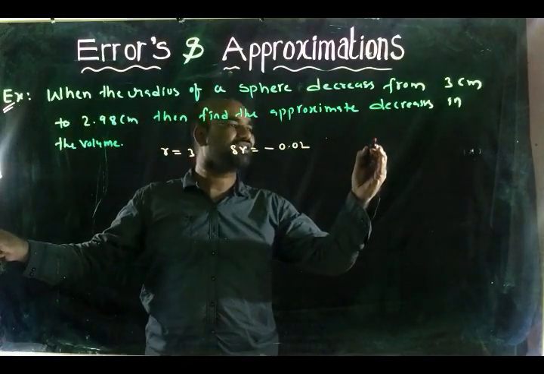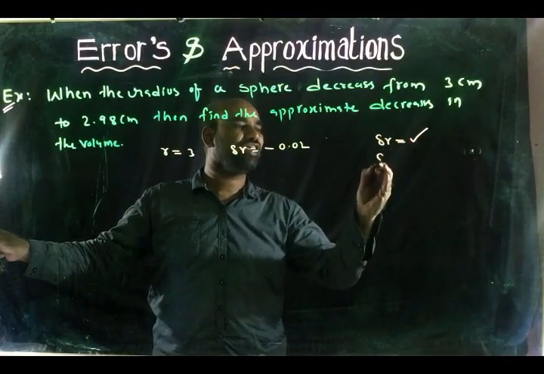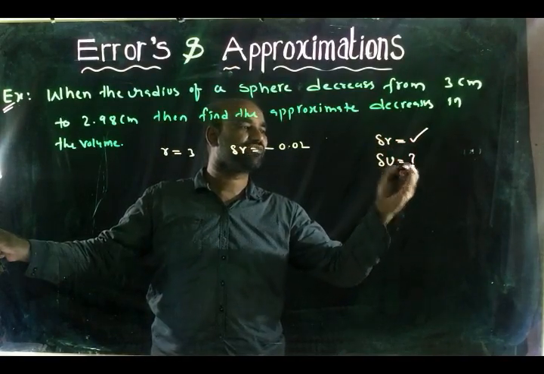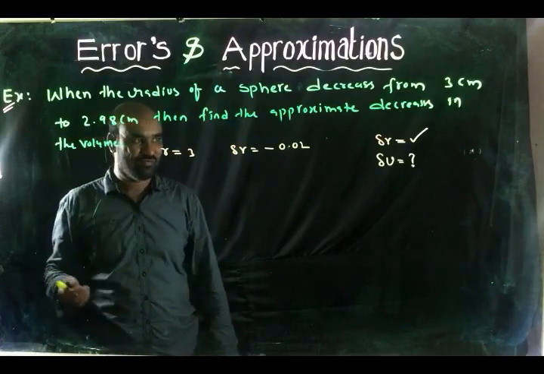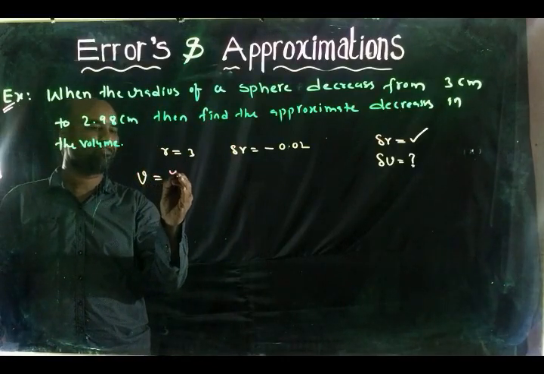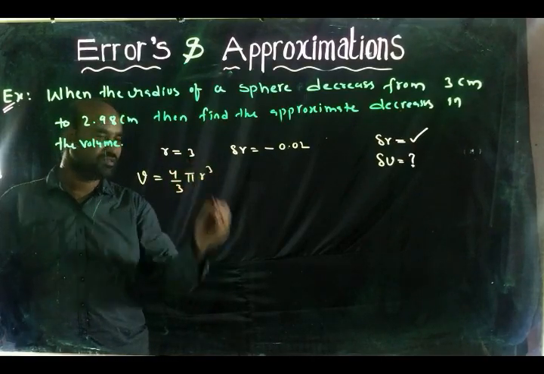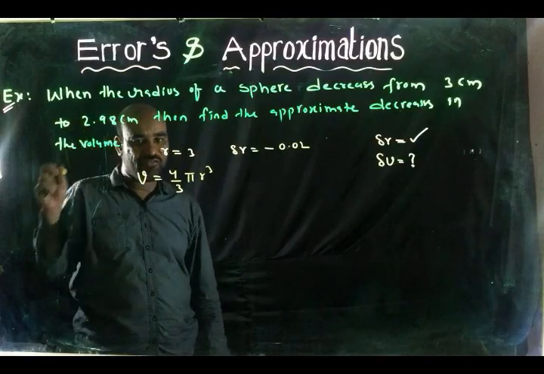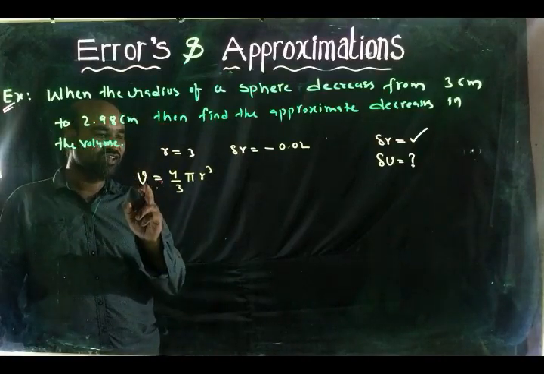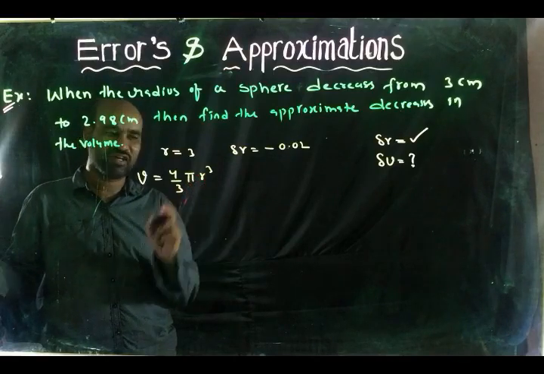Means what is given here? Delta R is given. You want to find delta V. So V is equal to 4 by 3 pi R cube. In general differentiation, we will write dV by dr equal to 4 by 3 pi into 3r square.